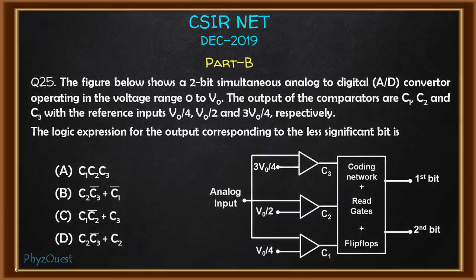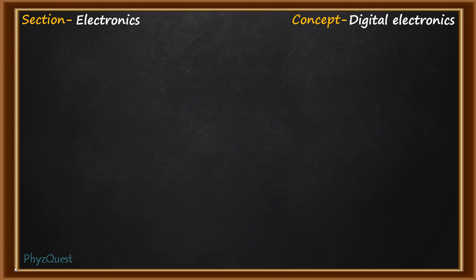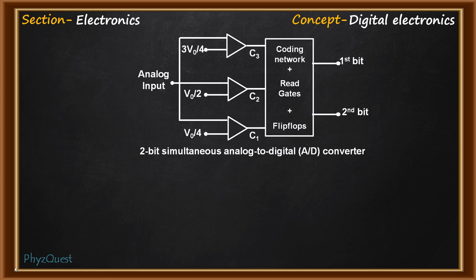So let's get started. This question comes from the section electronics and the concept involved here is digital electronics. So in this question we have a 2-bit simultaneous analog to digital converter. An analog to digital converter converts an analog electric signal to a digital signal by converting the analog signal into a certain number of digital bits.